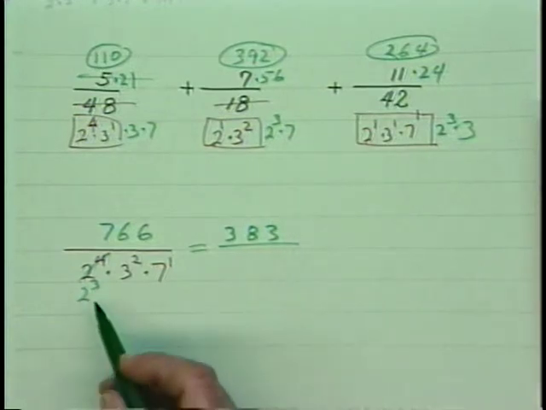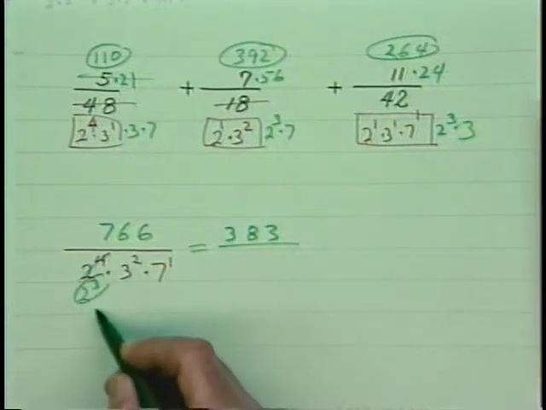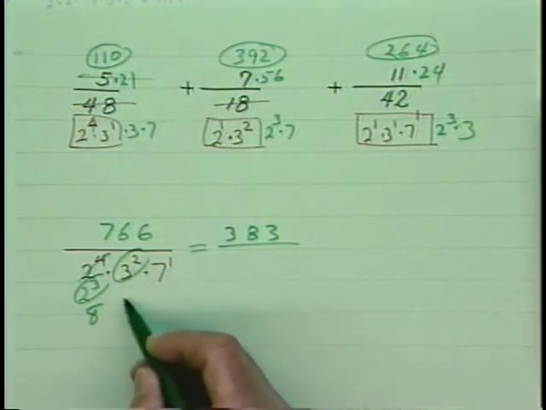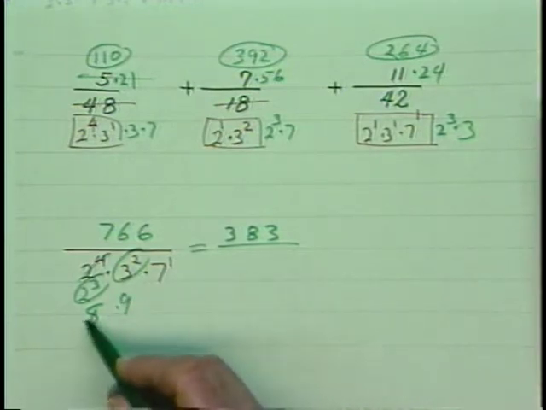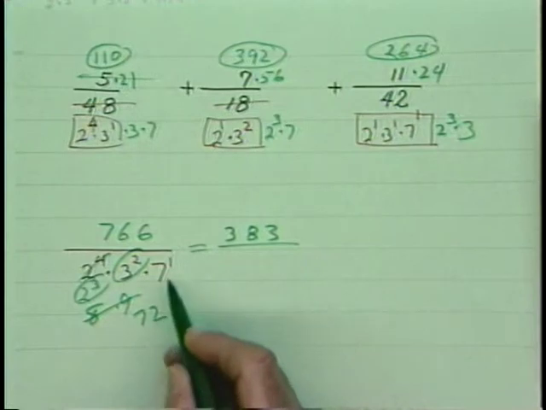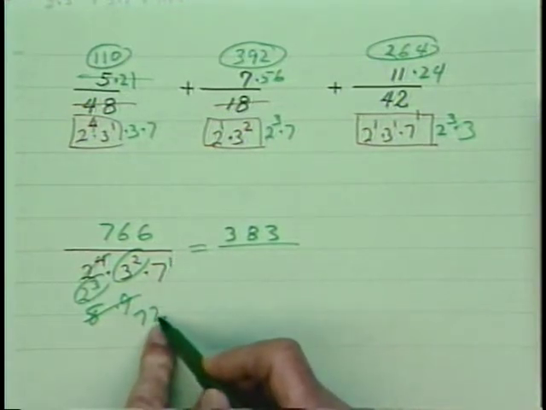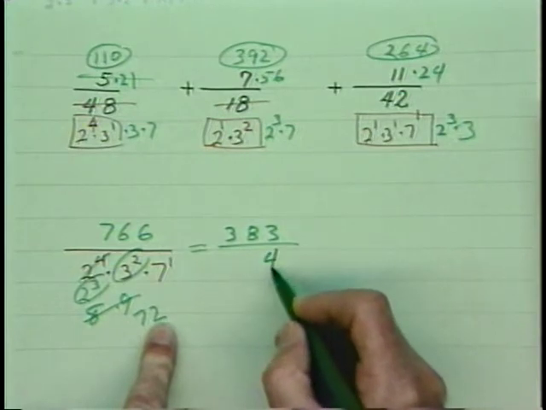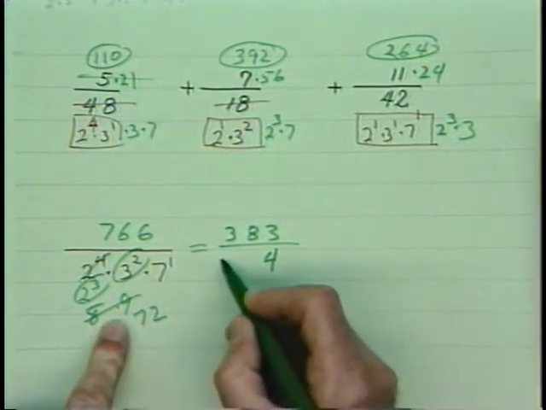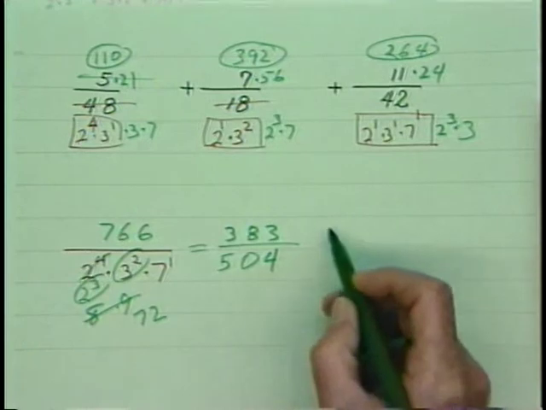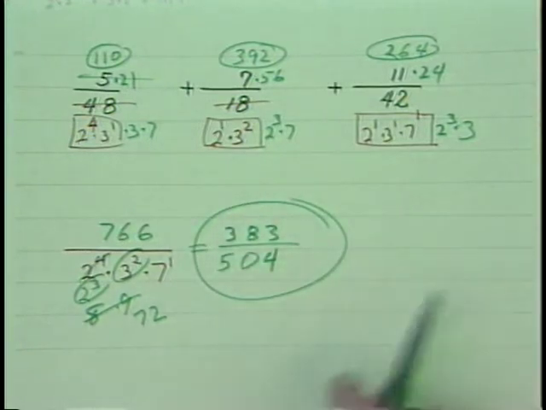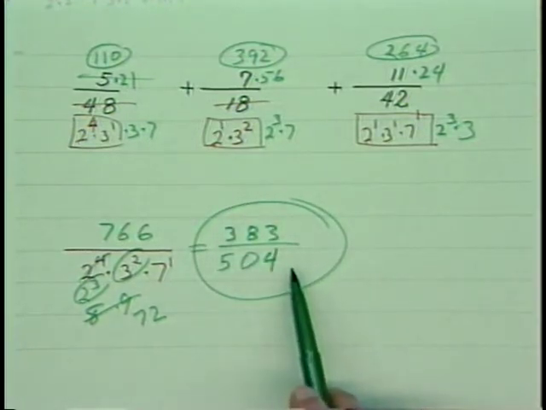So 2 cubed I know is 8, 3 squared is 9, 8 nines is 72, and 72 times 7, well, even without a calculator, 7 times 2 is 14, carry the 1, 49, 50. So here I have my answer, and it is reduced.